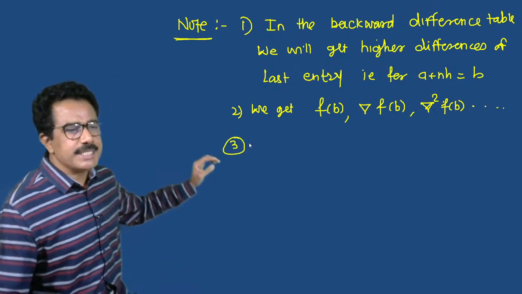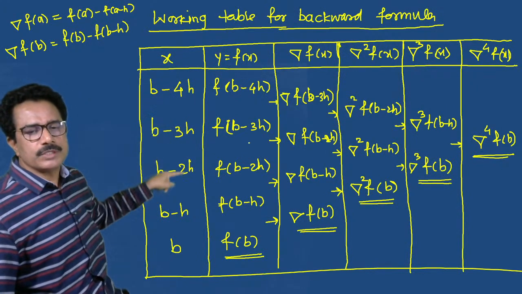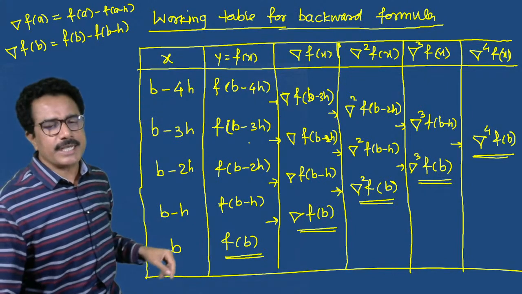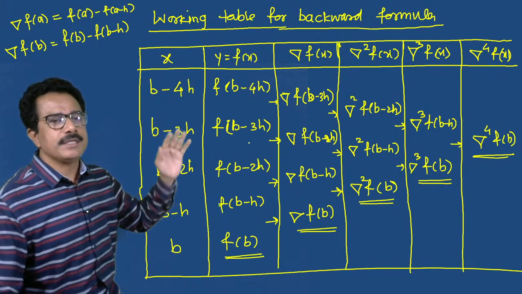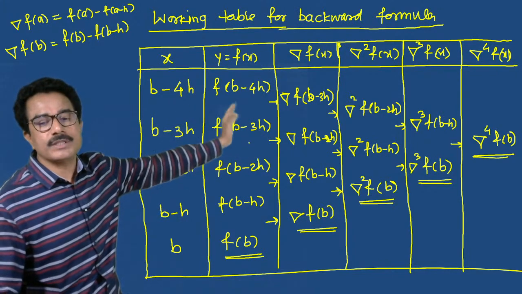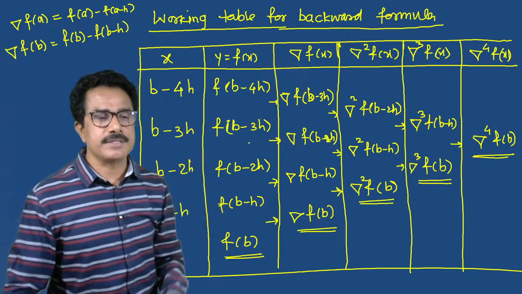The process is the same. In the table, if there are 1, 2, 3, 4, 5 arguments, students, tell me how many arguments are there? If there are 5 arguments, then the fourth difference is constant, and the last difference is 0.